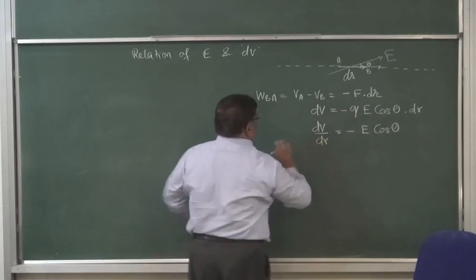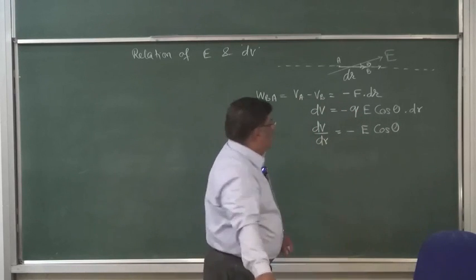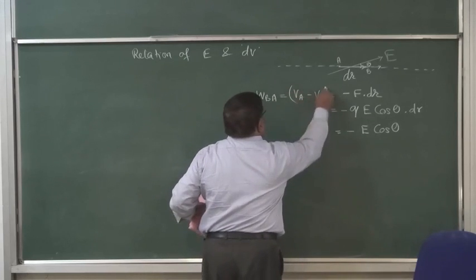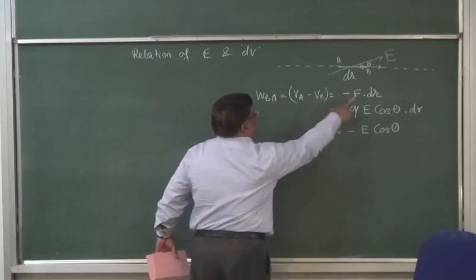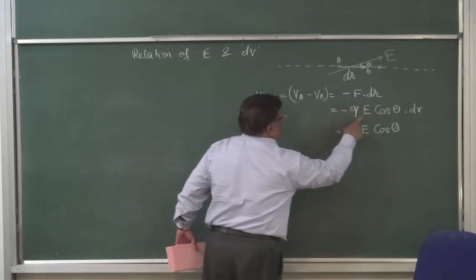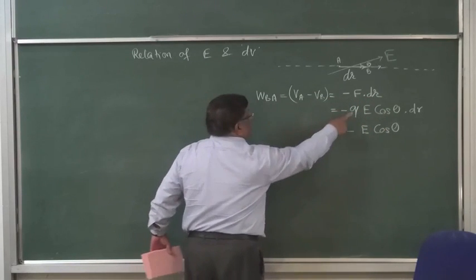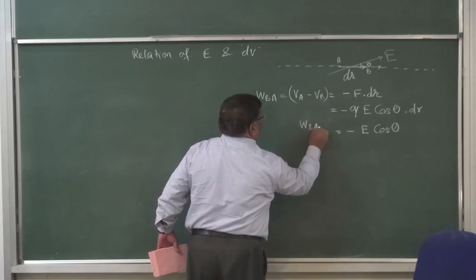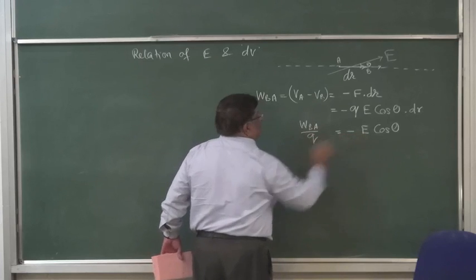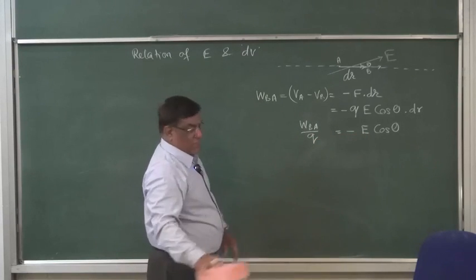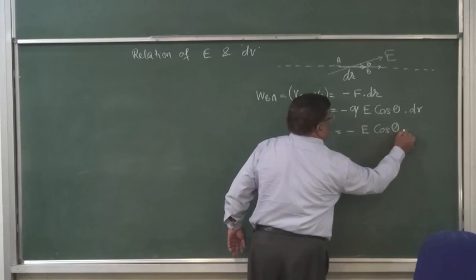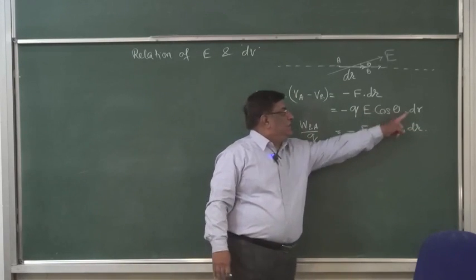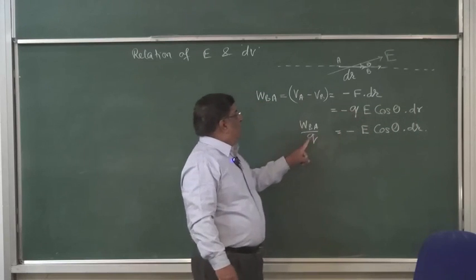This Q, there is a mix up of the things. Let's make it this way. Work done from B to A is this, is equal to this. This Q you take on this side. So, work done from B to A per unit charge is this into dr. Is it okay? E cos theta dr, minus, Q we have taken here.